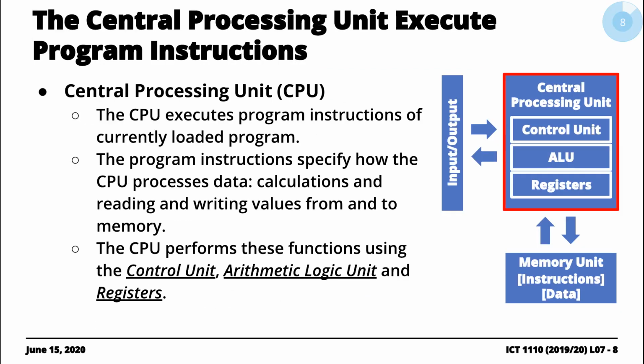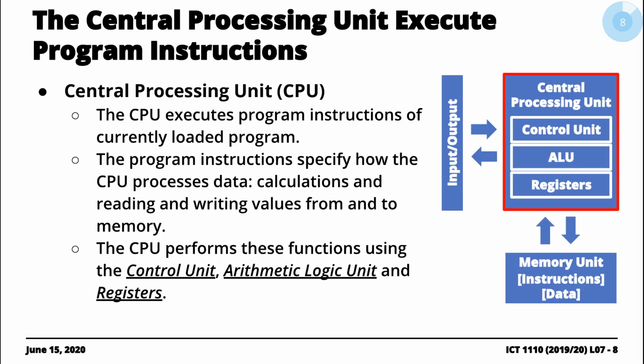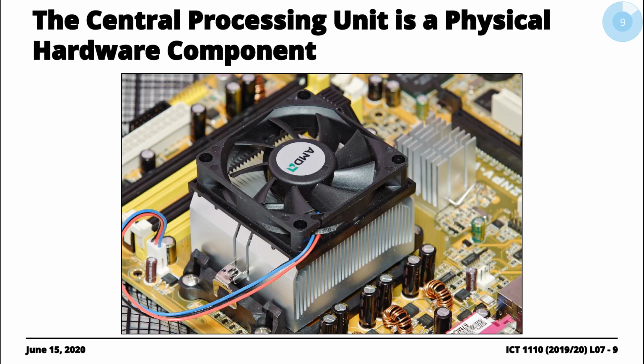All right, but it turns out that the so-called CPU, the central processing unit, is nothing more than one of those physical components that comprise the computer system. I don't know if people remember the fundamental differences between computer hardware and computer software.